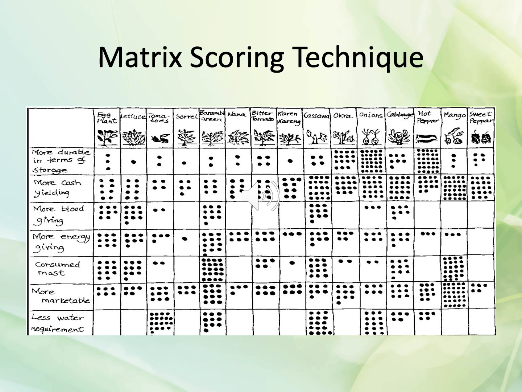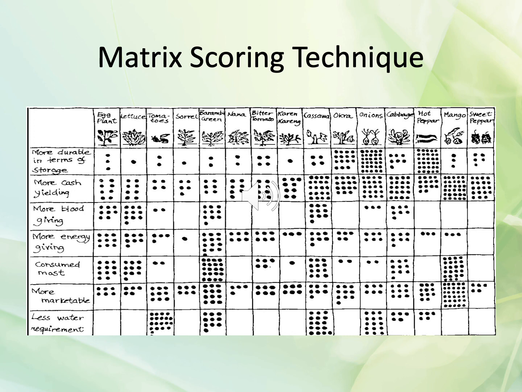And if we look into more cash yielding, then we see that mango, sweet pepper, onions and cassava are more cash yielding. Tomatoes are the least, and onions are the least. Of the rest, lettuce is even better than eggplant and cassava.